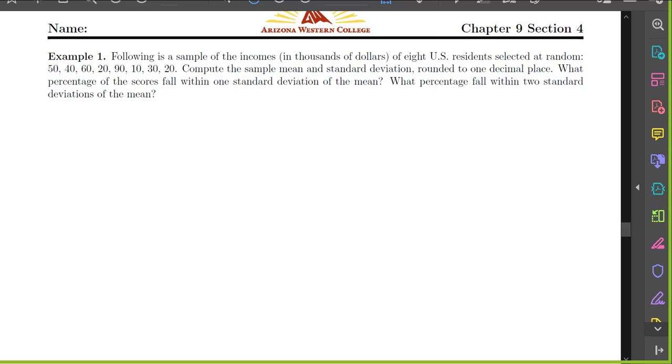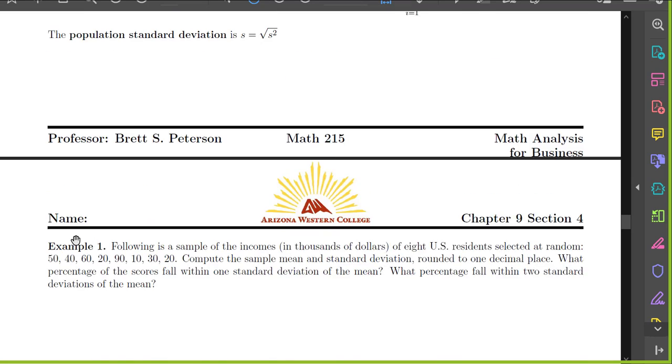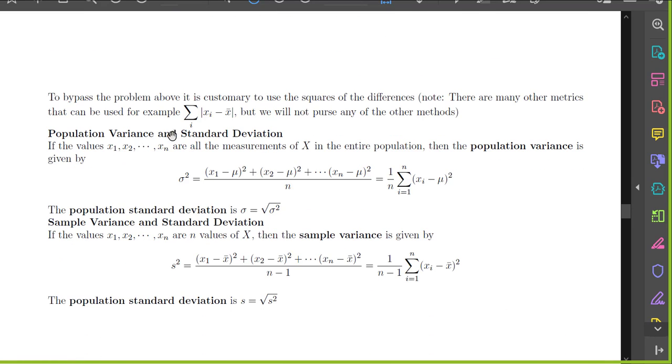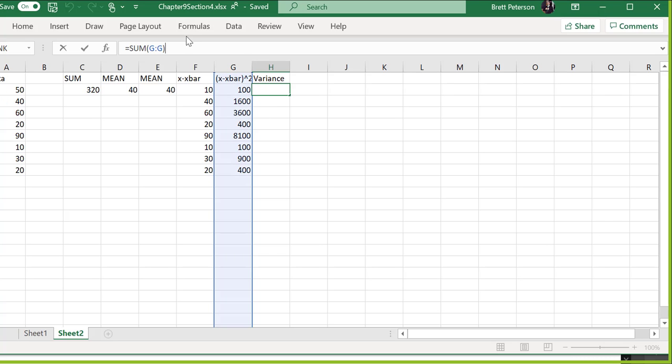So is this a population or a sample? We sampled 8 people, so that's a sample, right? So this isn't everything. With our formula, since we're not sampling the entire population, what do we need to divide by? N minus 1. Our number of data points is 8, so we divide by 8 minus 1, or 7.